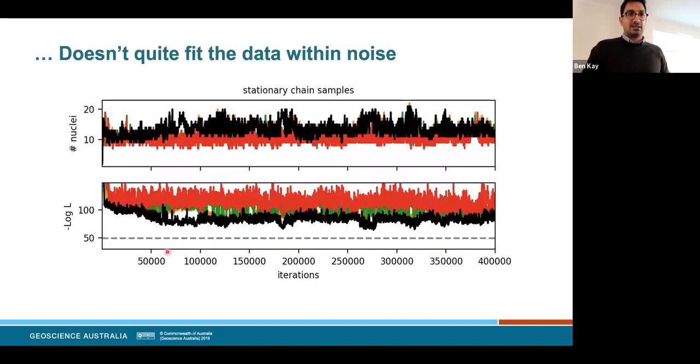However, this is the data noise level, and negative log likelihood is just a fancy way of saying half of the chi-square misfit. So maybe I should just say half of the chi-square misfit. It's just the misfit. This is because it's a synthetic problem, and also because I know something about the noise. This is where it ought to have gotten to.